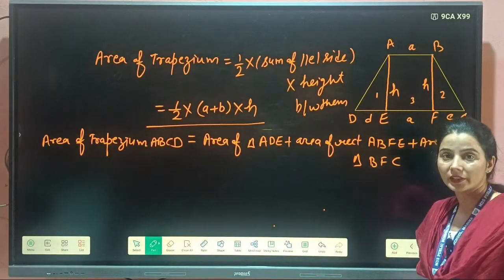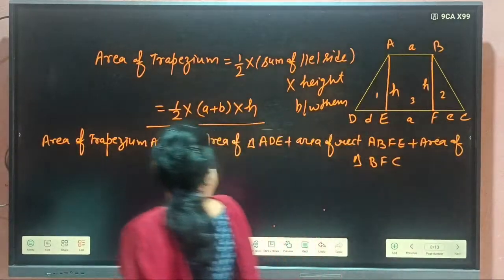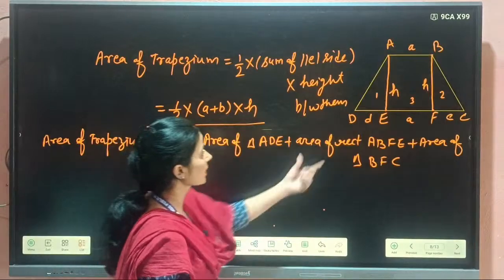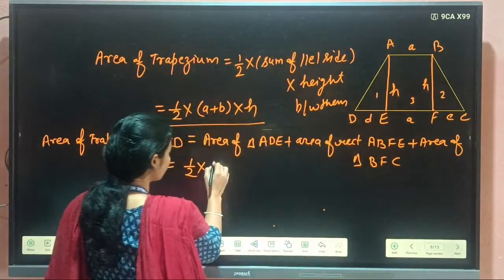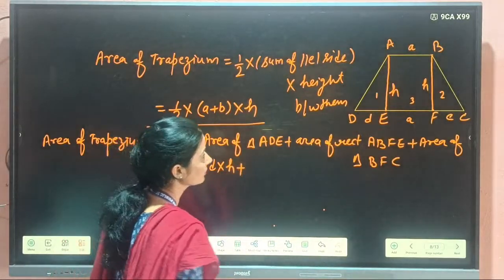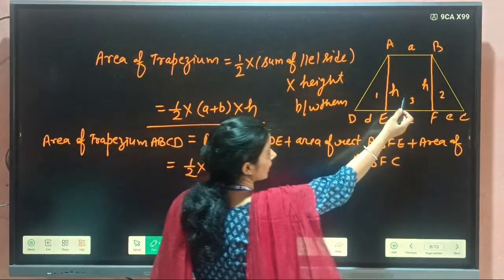Write down area of triangle ADE: 1 by 2 into base. What is base? Base is D into height. Height is H. Then what is the area of this rectangle?